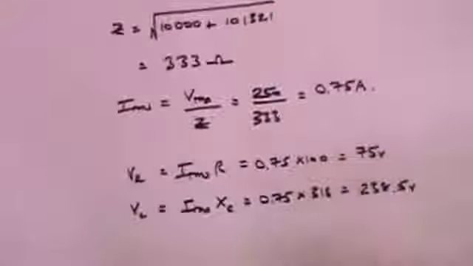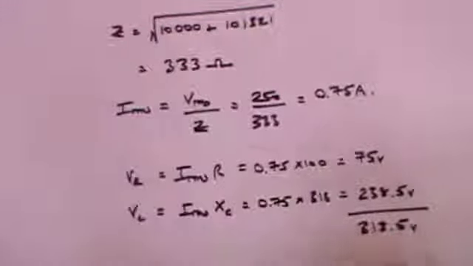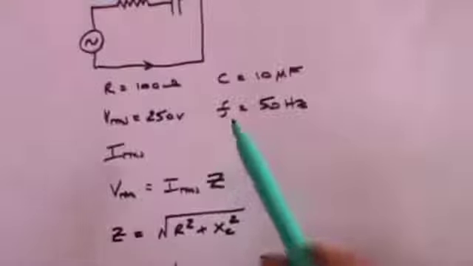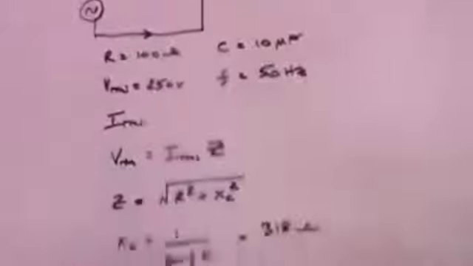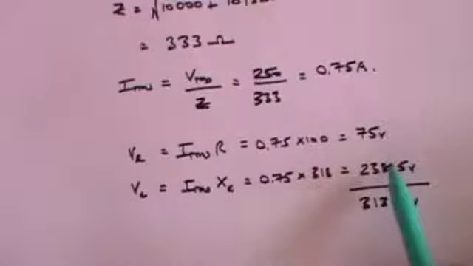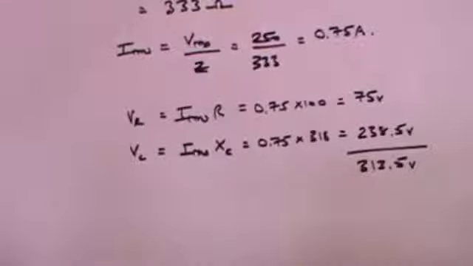238.5 volts. And you might be tempted to add the two together and get 313.5 volts and say that can't be right because the voltage is 250 volts. And of course you've made the mistake of adding together these two voltages. You can't do that, remember, because they're on different axes. One's on the imaginary axis, one's on the real axis.